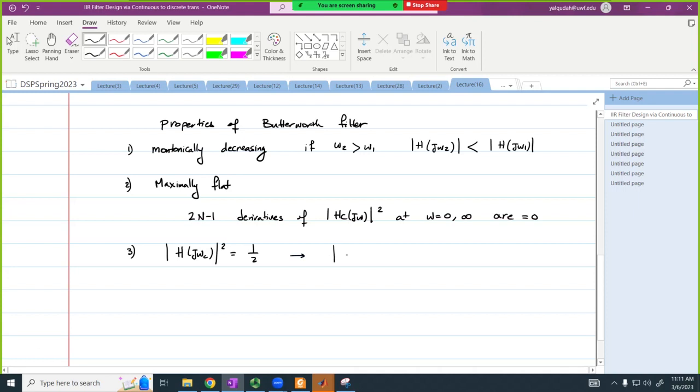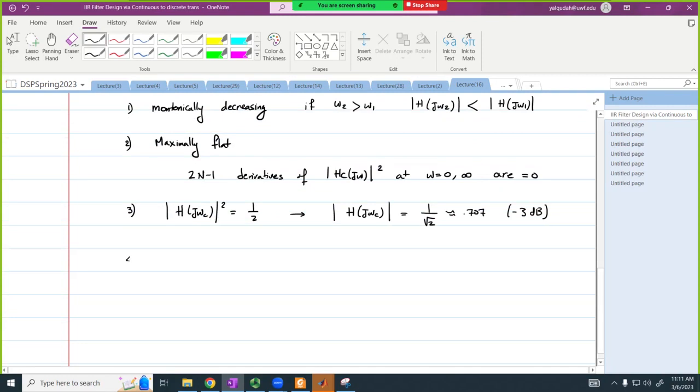Therefore, |H(jω_c)| is going to equal 1 over the square root of 2, which is equal to 0.707, corresponding to negative 3 dB. So at the cutoff frequency, the gain is equal to negative 3 dB.